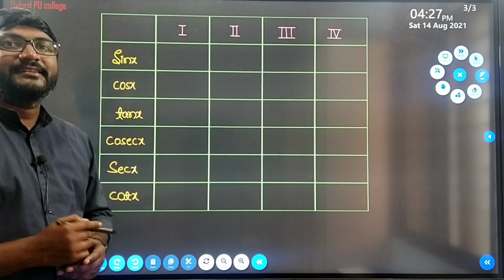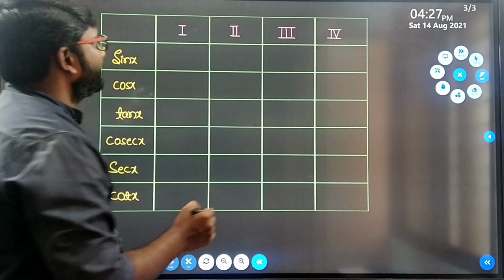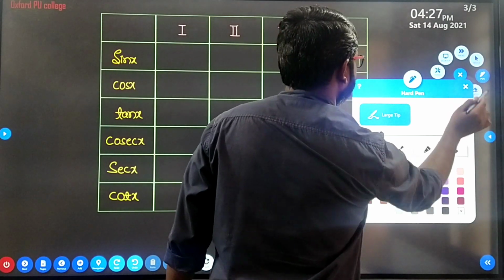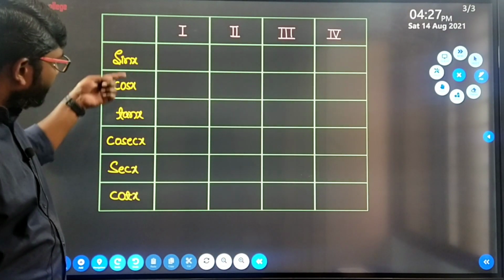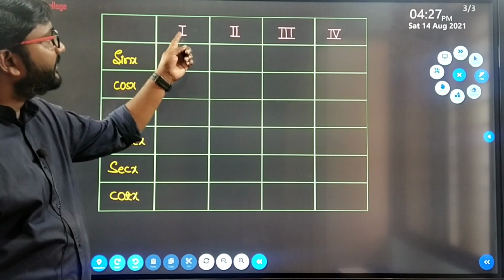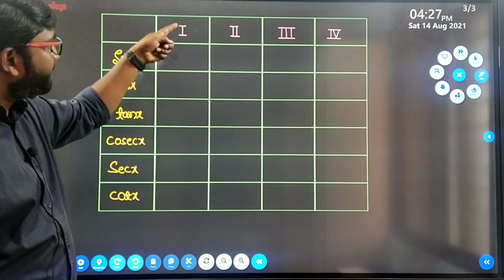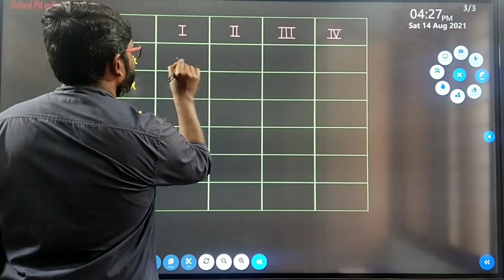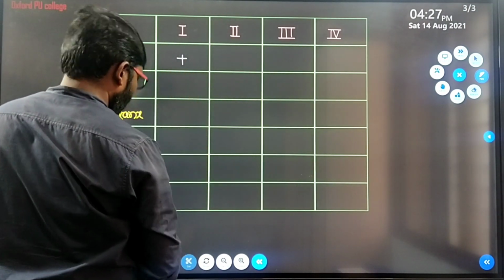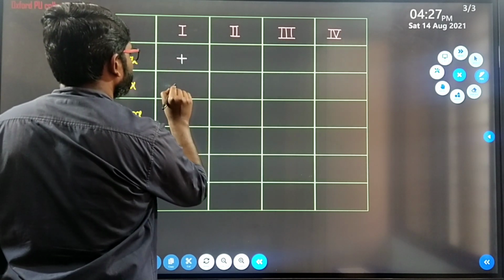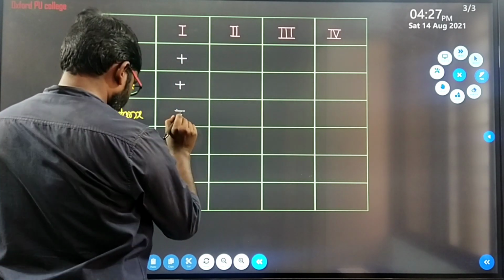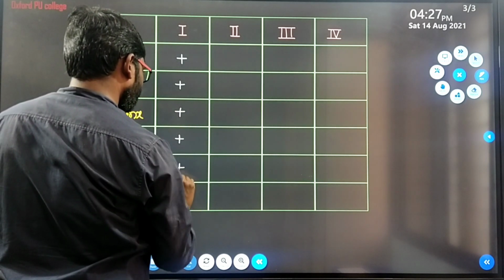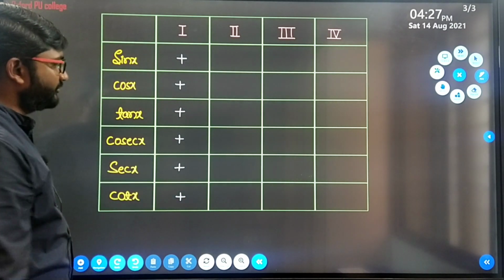Well, let us write the information in the table now. These are all the 6 trigonometric functions and here we have the 4 quadrants. In the first quadrant, all the trigonometric functions are positive. So I'll write plus, all positive.